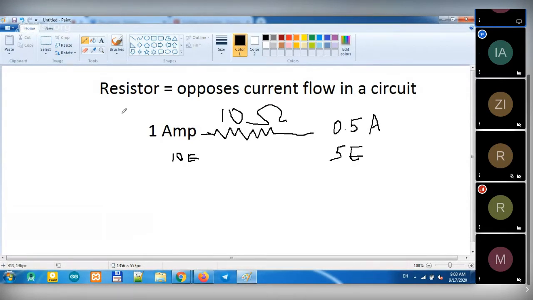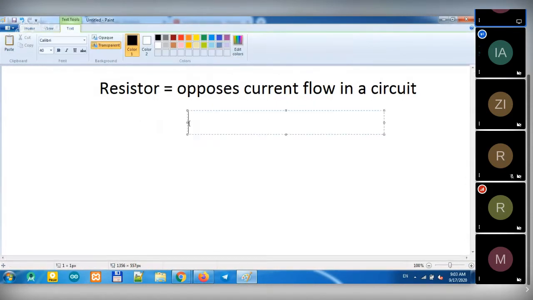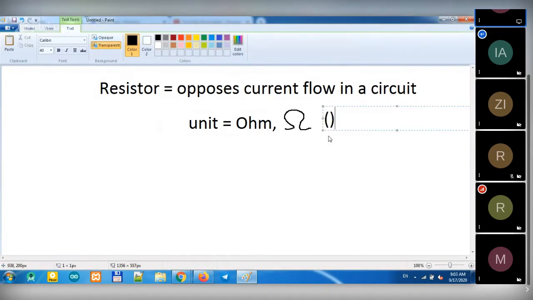Let's move. The unit of resistor is ohm, but normally you see a symbol like this, which is omega.